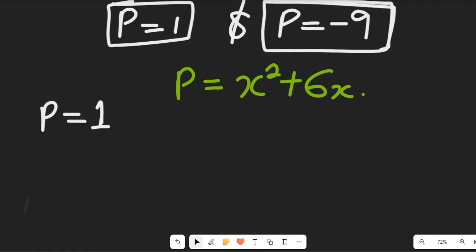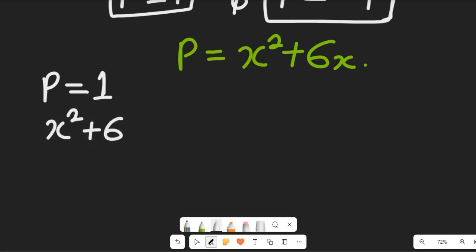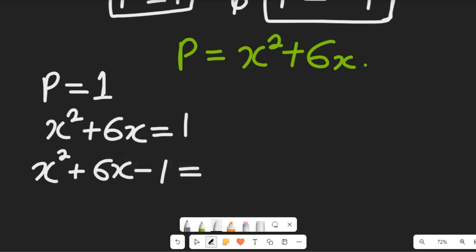So when p is equal to 1, that will give us x squared plus 6x equal to 1. So this is also going to give us a quadratic expression, x squared plus 6x minus 1 equal to 0.